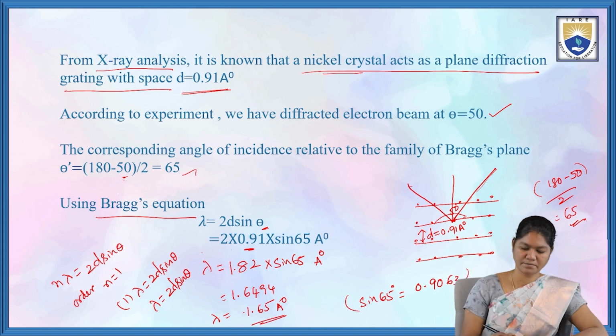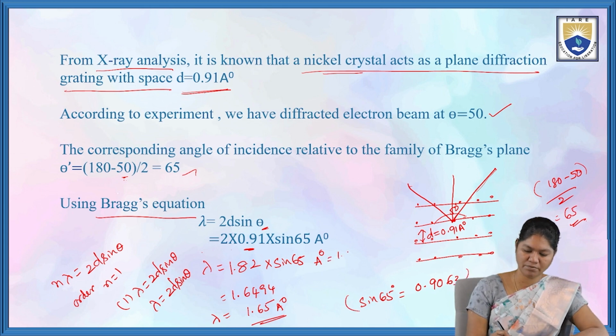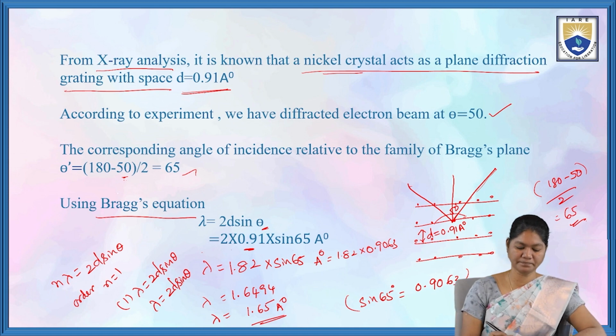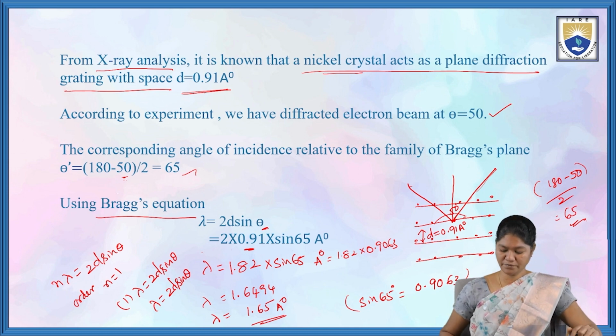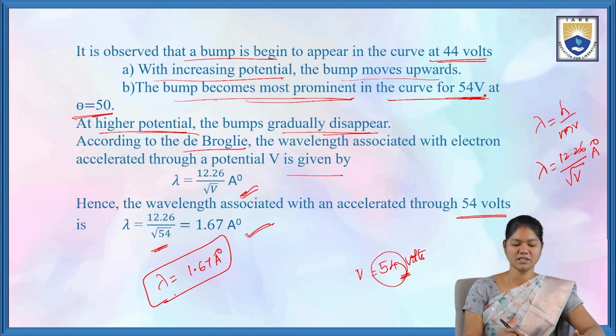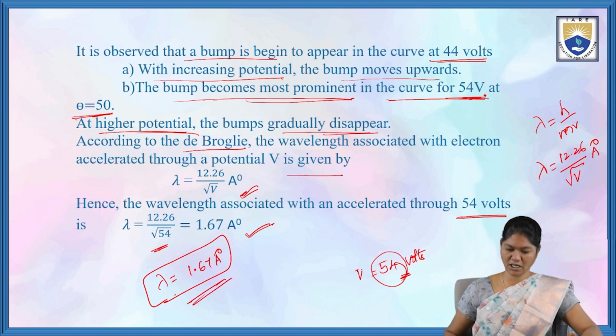So 1.82 into 0.9063 gives the value lambda equal to 1.6494. So from the de Broglie wavelength, lambda is equal to 1.67.